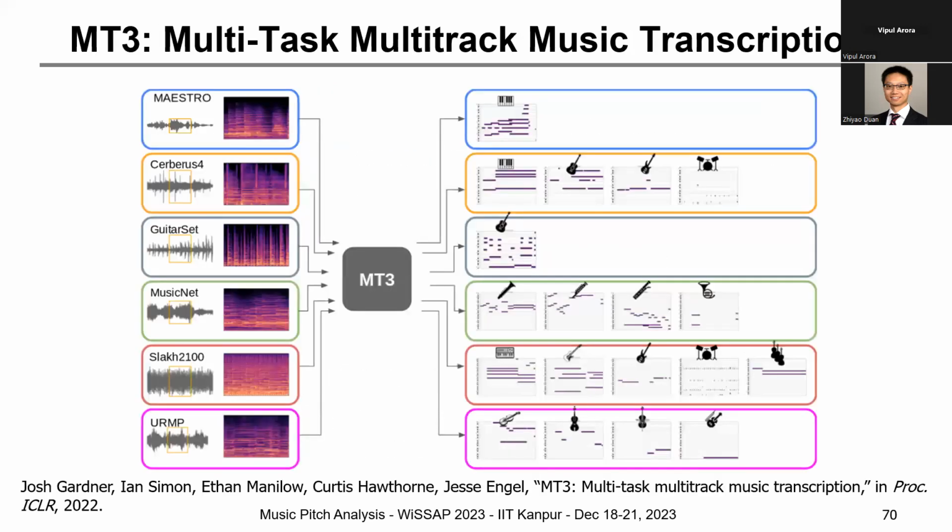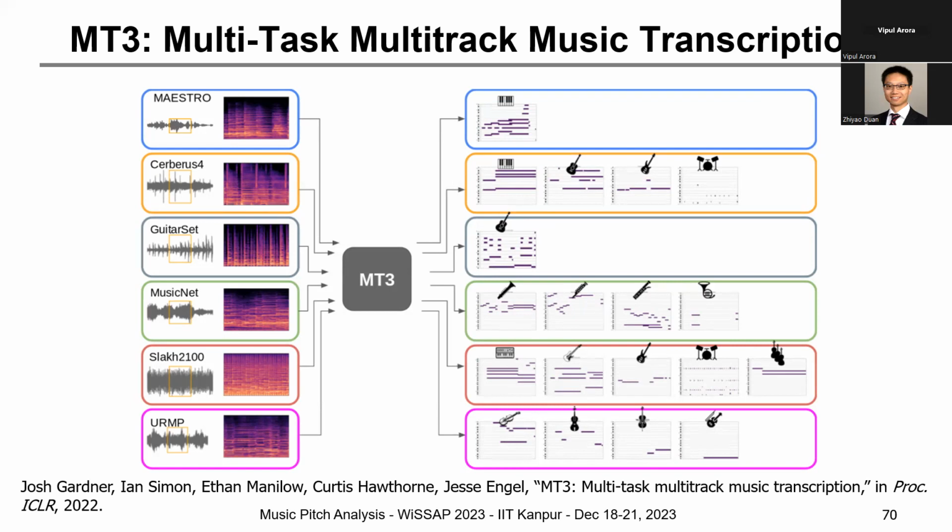This is too much. I just want to introduce this very recent development from Google. They have a lot of computational resources and they can train large transformer models. This one, MT3, is a multitask, multi-track music transcription model.